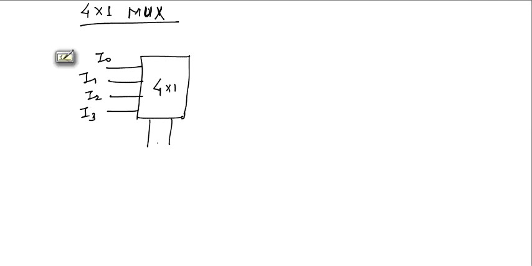There will be 2 select lines, S1, S0, and one single output Y. Depending on the inputs at these select lines, one of the inputs will be connected to Y output. For S1, S0, there will be 4 combinations: 0 0, 0 1, 1 0, 1 1.